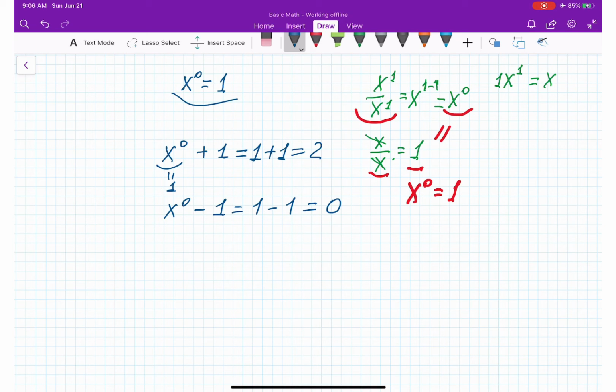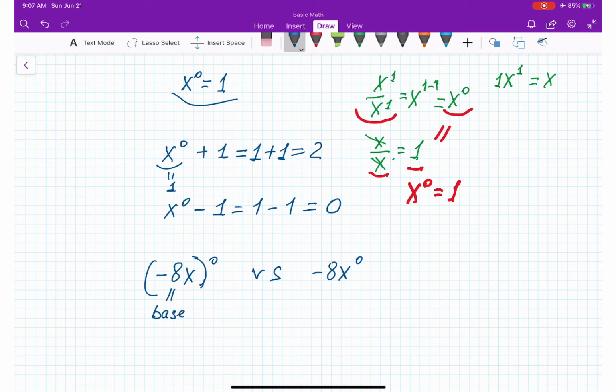So let's do the next case. Negative 8x, in parentheses, to power 0, versus negative 8x to power 0. When we have parentheses here, that means the base is negative.